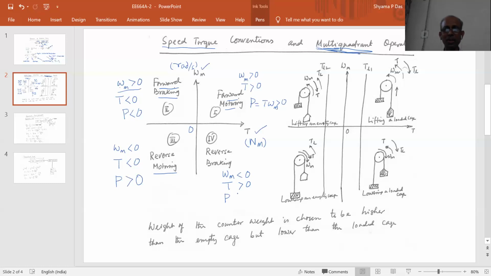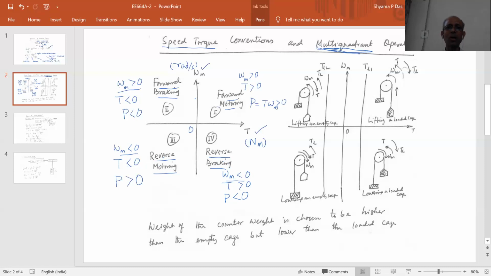So the power is negative, and we call this reverse braking. Reverse means speed is negative. Whenever we have speed negative, we call it reverse. And this is called braking because the power is negative.